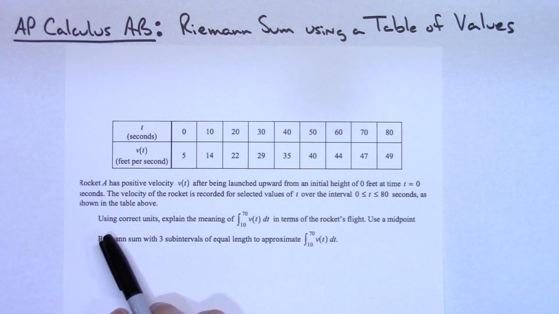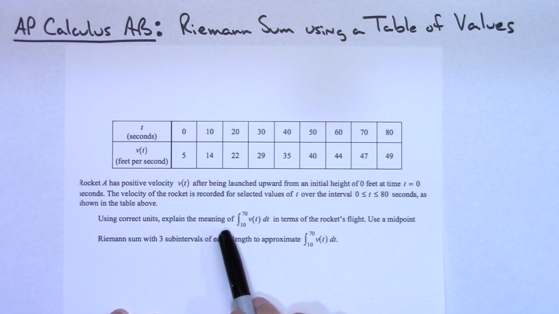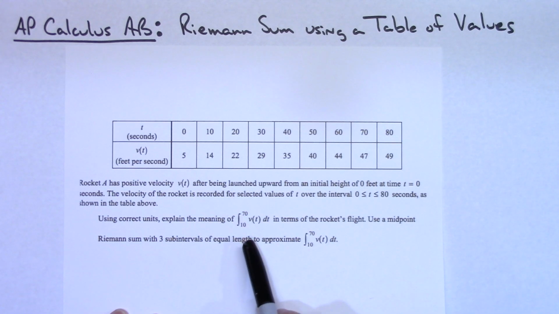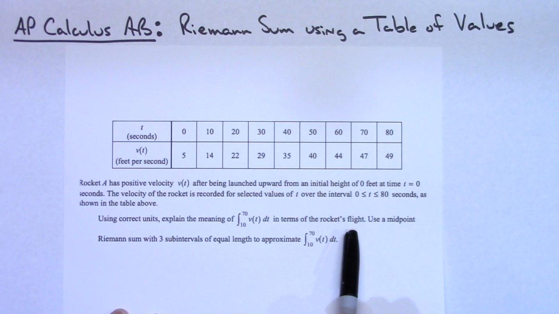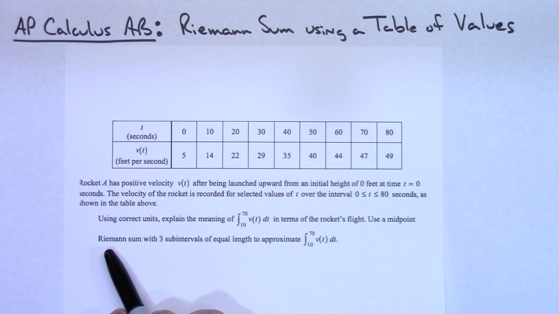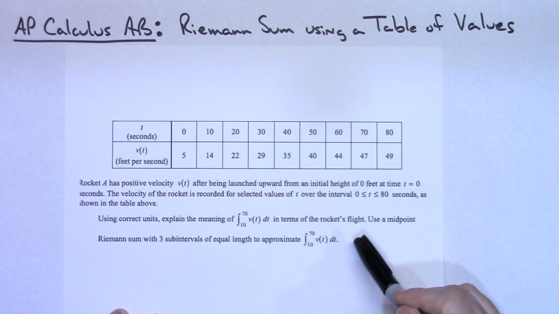Now what they want us to do, using correct units, is explain the meaning of the integral from 10 to 70 of v of t dt in terms of the rocket's flight. Use a midpoint Riemann sum with 3 subintervals of equal length to approximate that integral from 0 to 70 of v of t dt.